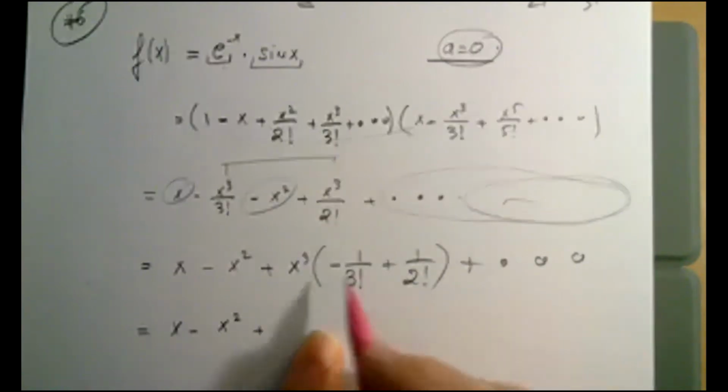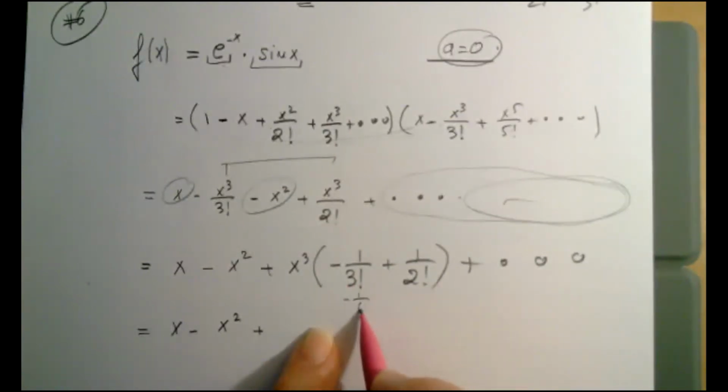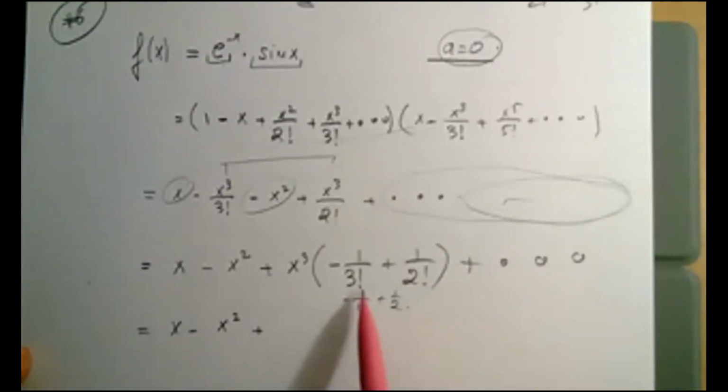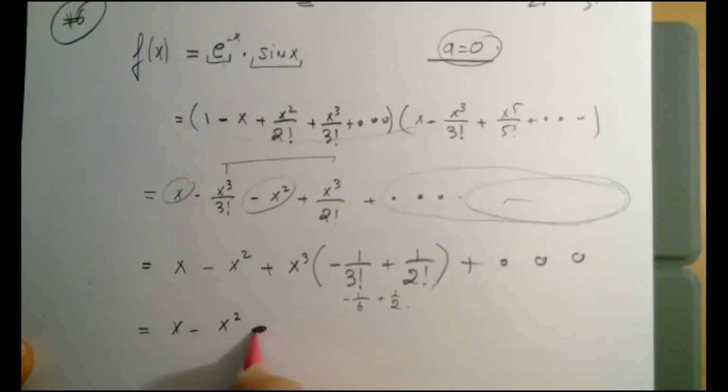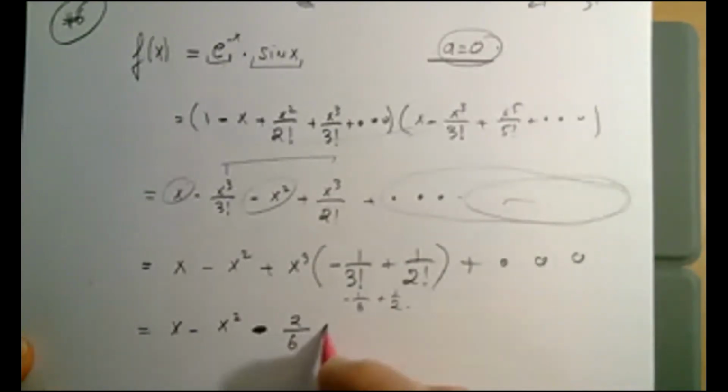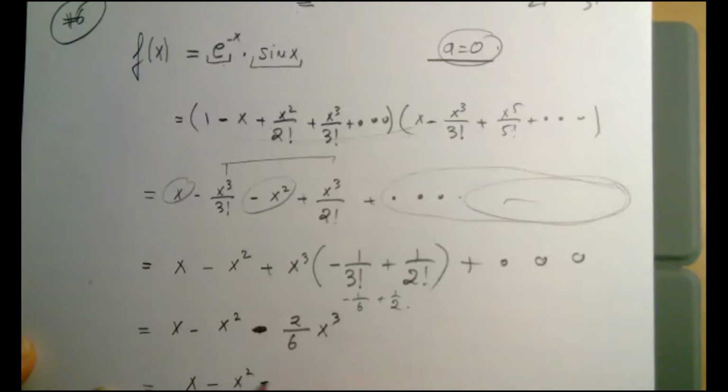So I will have here minus 1 over 6 plus a half, which will give me minus 3 plus 1, so minus 2 over 6 x to the power 3, which is x minus x squared minus a third x cubed.